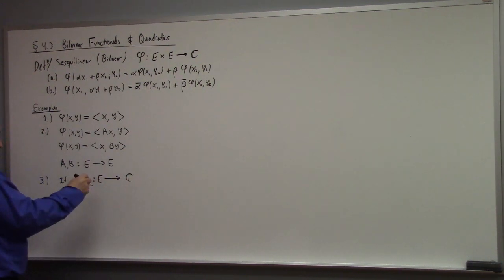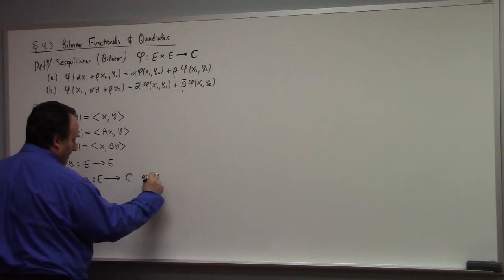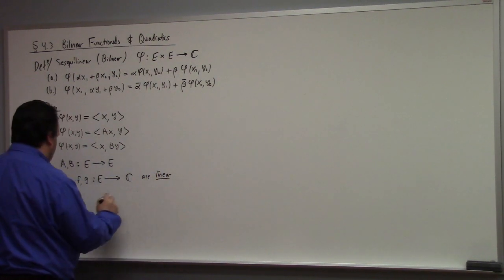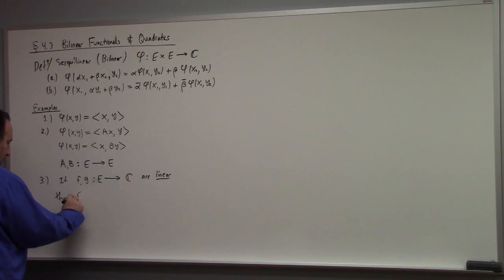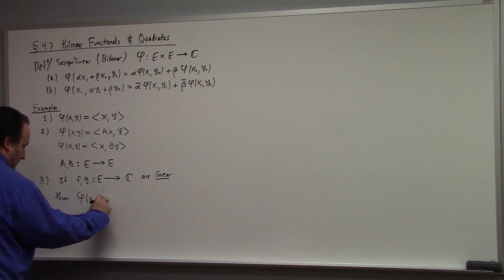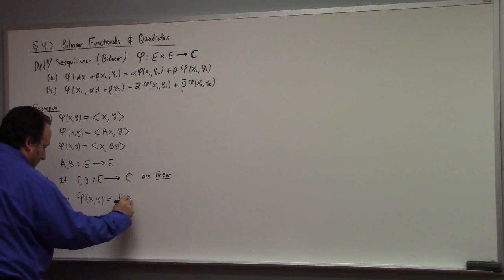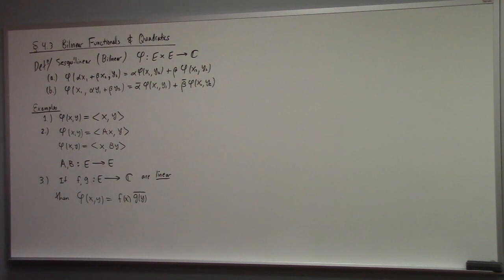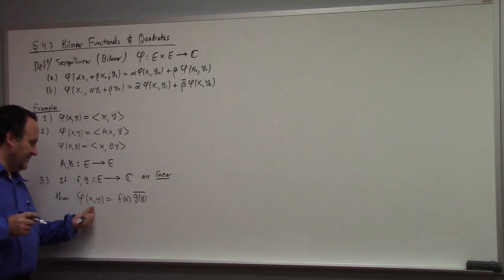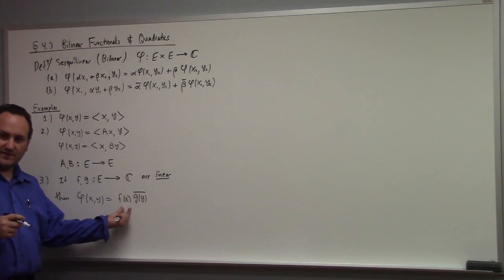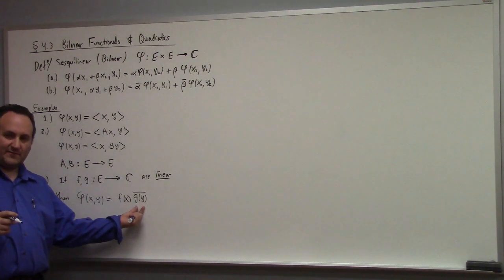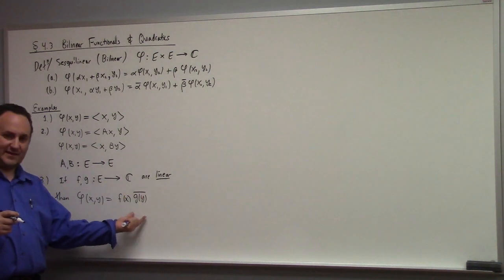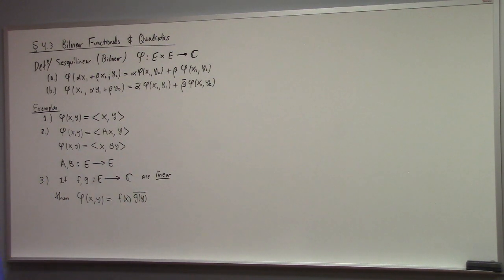If they're linear functionals, then you could define phi of xy by F of x, G of y conjugate. This would also give us a bilinear form. And it's kind of obvious, because you have the additivity in the x from F being linear, and then you have the additivity in the y from G being linear, but then you're conjugating it, so pull out the conjugate. Yeah.